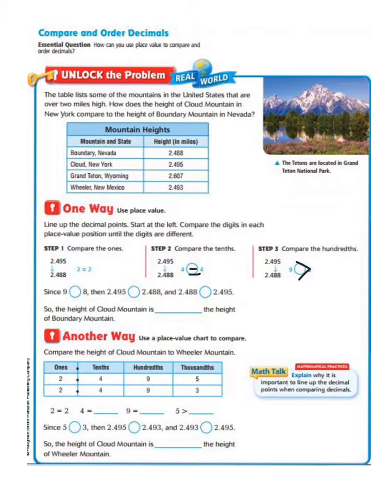So since 9 is greater than 8, then 2,495,000 is going to be greater than 2,488,000, and 2,488,000 is less than 2,495,000. So the height of Cloud Mountain is greater than the height of Boundary Mountain.